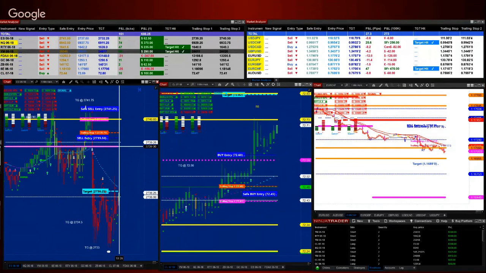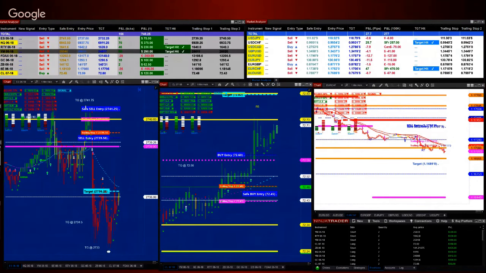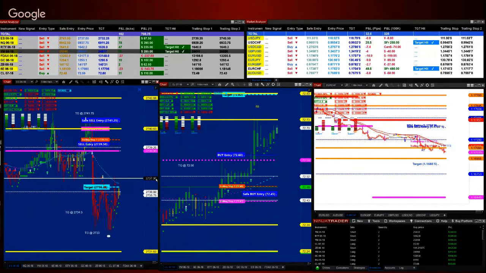Even if this ES goes back to the 27.39, most likely it will be rejected, probably 8 out of 10 times. So it is very important to understand that if you see some movement on the ES, it does not mean it's long.